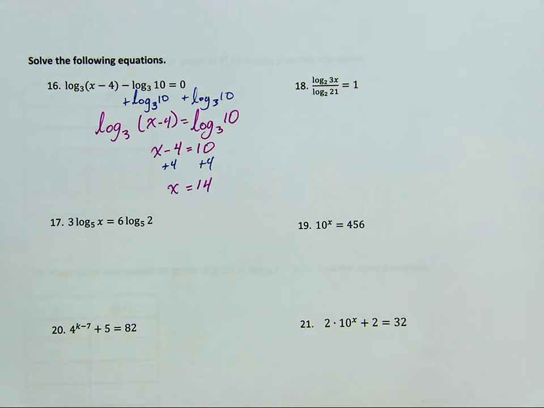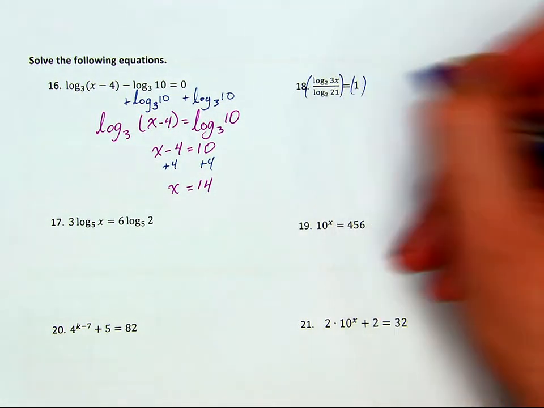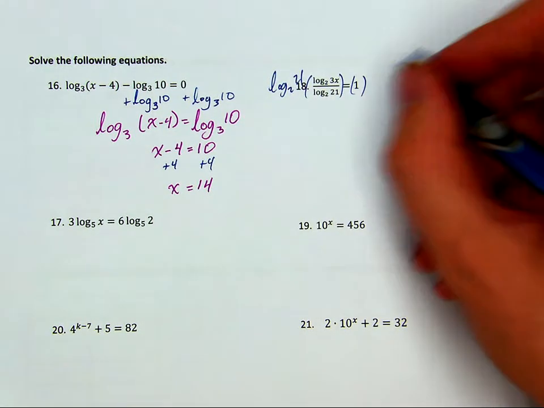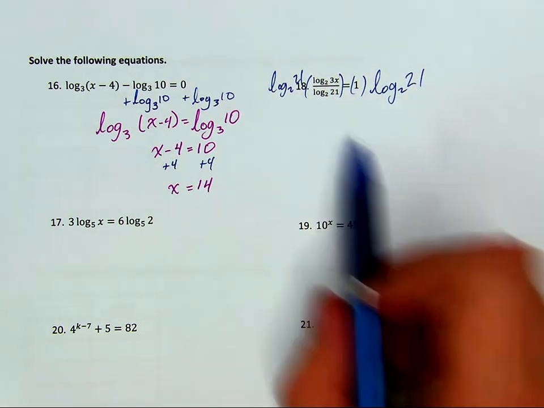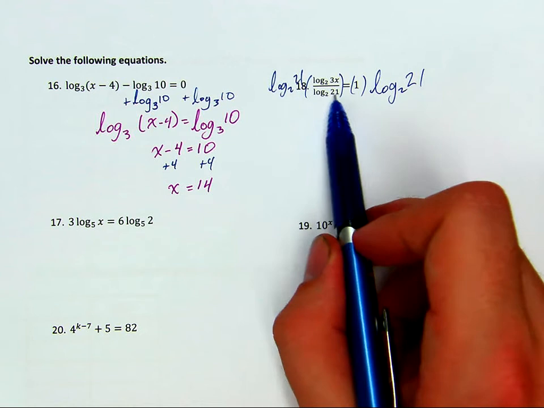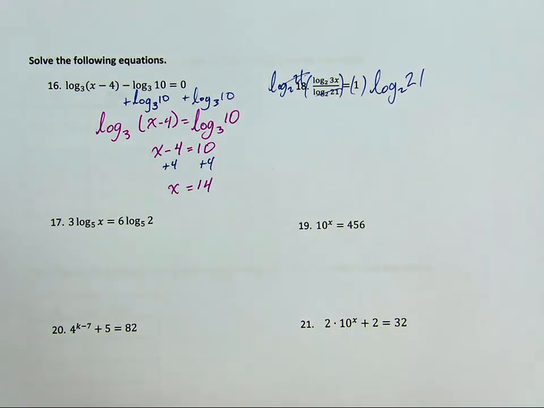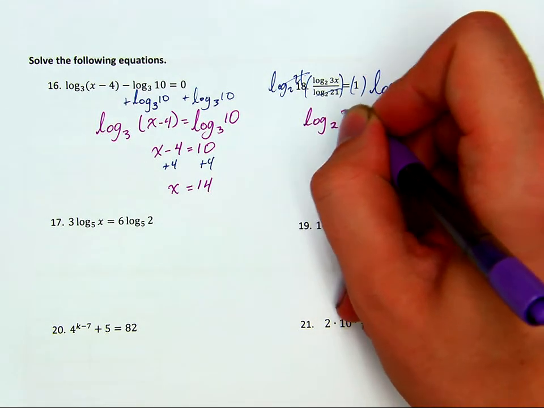So take the left side, multiply that by log base 2 of 21, and take the right side and multiply that by log base 2 of 21. Now, this log base 2 of 21 is going to cancel out with this one here, which means on the left side we're left with log base 2 of 3x equals 1 times that log base 2 of 21.